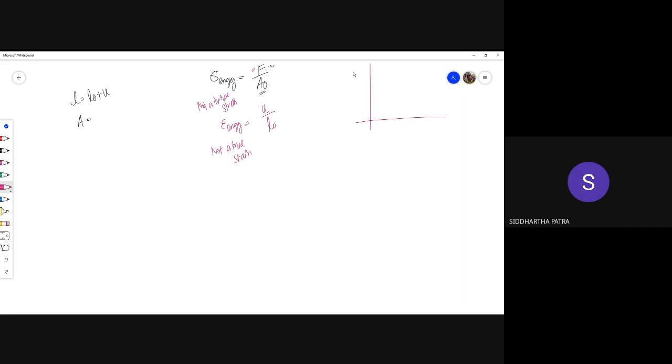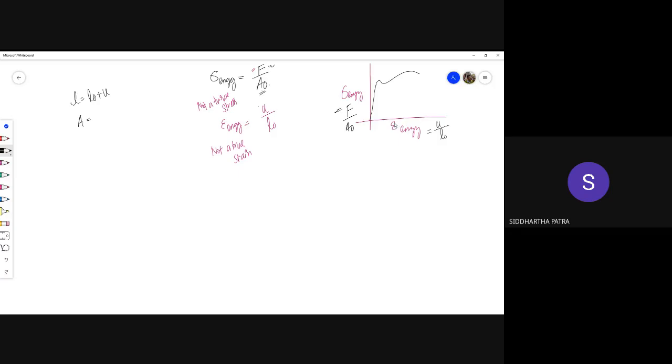Okay, and essentially this engineering stress strain diagram that we have is, to be frank, a load deflection curve. It is just that the force is normalized with the cross section area, and the deflection is normalized with the original length. So it is essentially just like the load deflection curve of a spring.